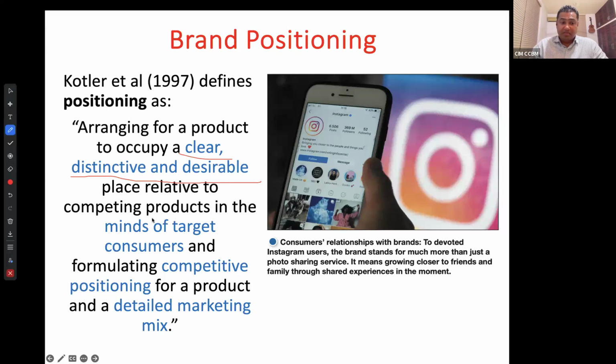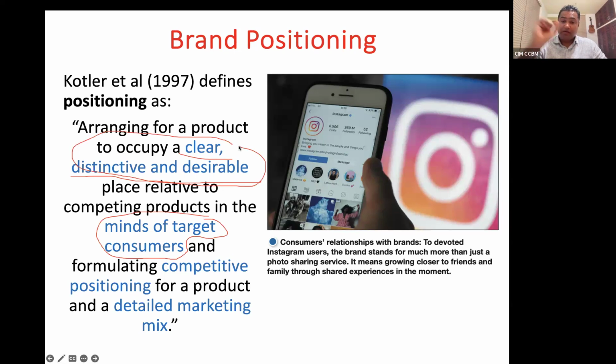In the mind of your consumer, that is where you position your product, where you occupy a unique positioning.